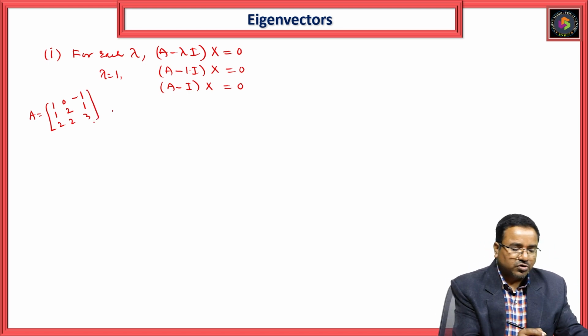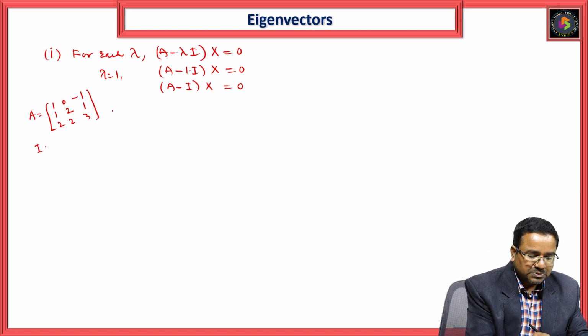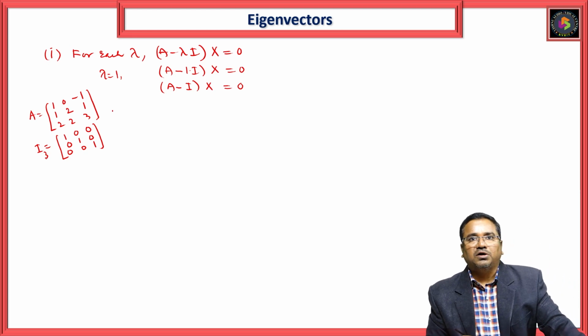And I, the corresponding unit matrix, is 1 0 0, 0 1 0, 0 0 1. This is I3, the identity matrix of order 3.